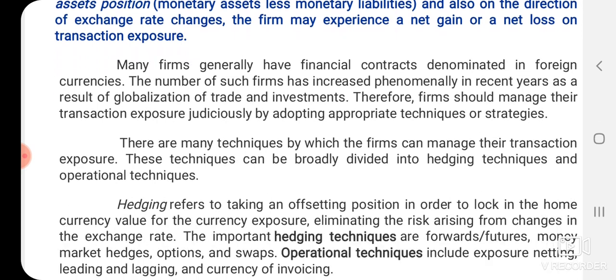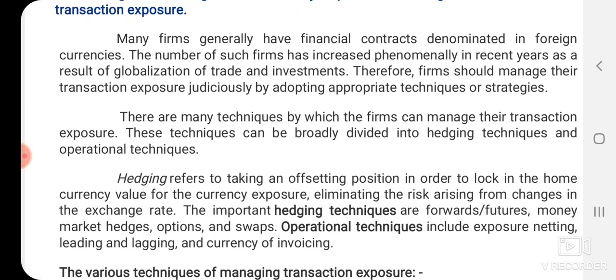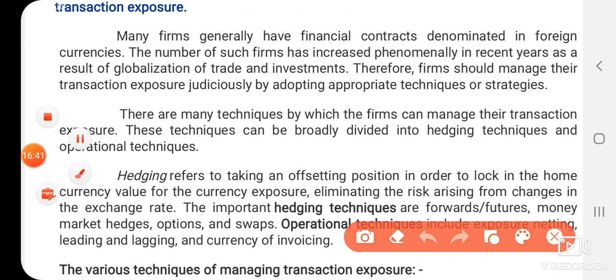Many firms generally have financial contracts denominated in foreign currency. We know that any global level companies or MNCs generally have financial contracts denominated in foreign currency. The number of such firms has increased phenomenally in recent years as a result of globalization.